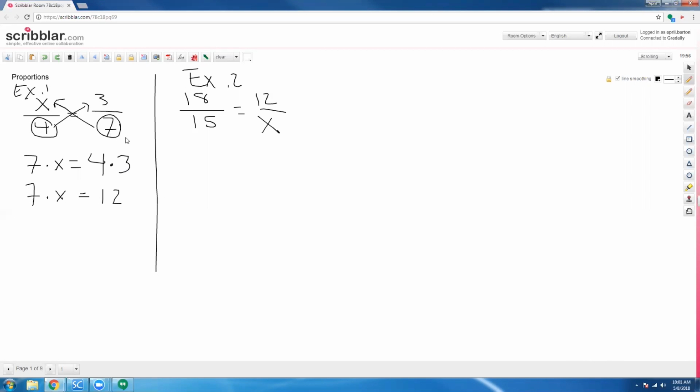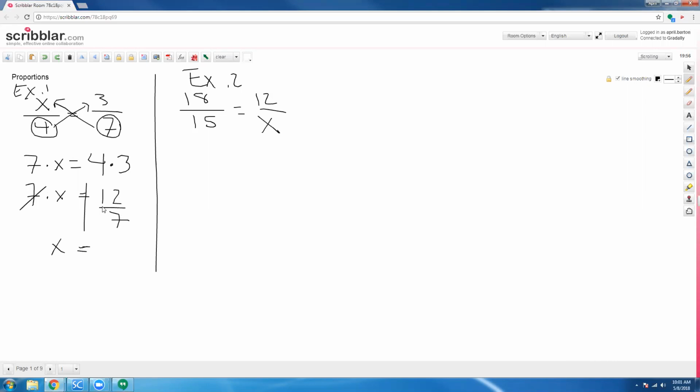So once you've done the multiply part, now we have to do some opposite operations. When we solve an equation, we do opposites to move a number to the other side. We want to get x alone, so we've got to do the opposite of multiply, which is divide. We're going to divide by the 7.